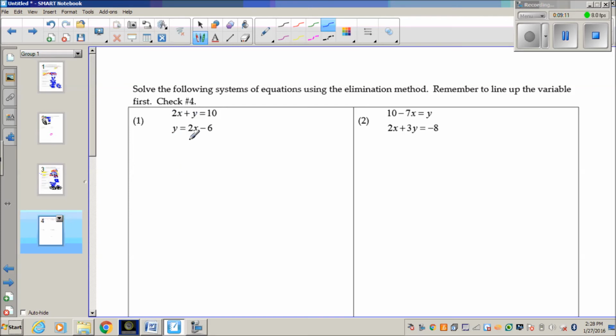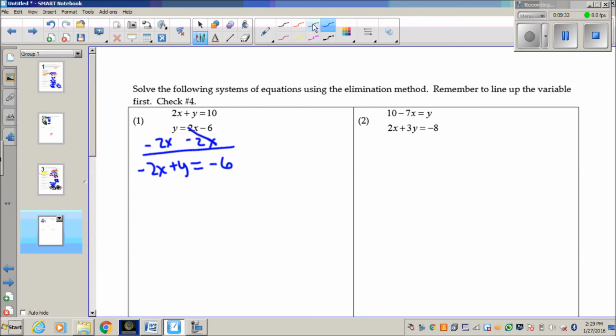So in this second equation, I'm going to subtract 2x from both sides, because I don't want it on the right side. On the right side, I'm just going to have negative 6 equals, and on the left side, I'm going to put the x first, because that's how it is in the other equation. So I'm going to put negative 2x plus y.